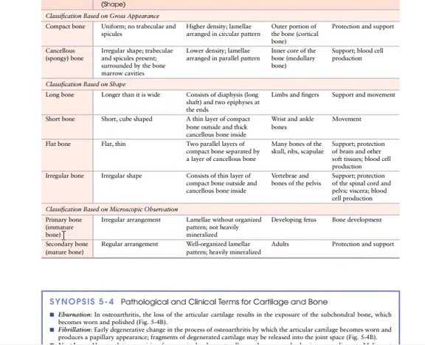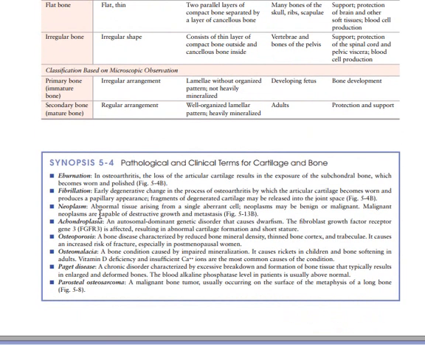And then you have classification based on microscopic observation: primary bone and secondary bone. The secondary bone is further divided into the different bones that you have seen.